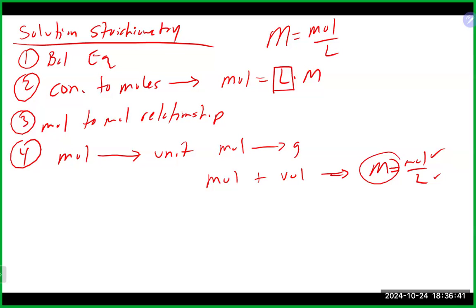Maybe you'll have moles and the molarity, and you can figure out the liters, which would be moles divided by the molarity. So those are two common endings in a stoichiometry problem that involves solutions, and definitely in titration problems: calculating molarity, or volume.